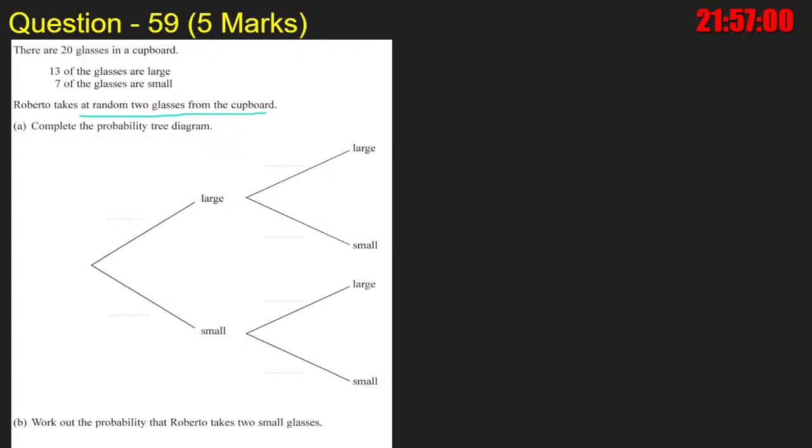So large is 13 and small is 7. So the probability of large is 13 over 20, and small is 7 over 20. So if you are expecting another large, the total is reduced, so 12 over 19. Right?